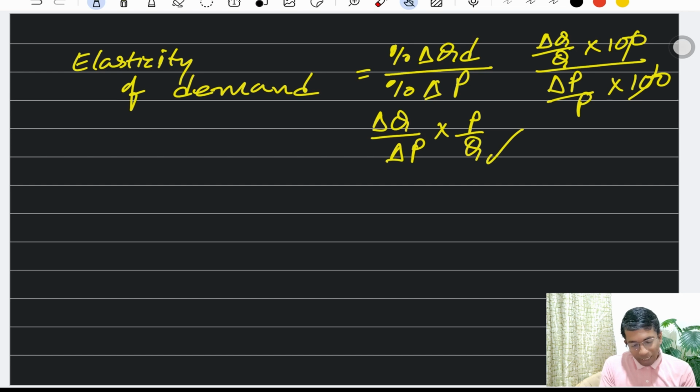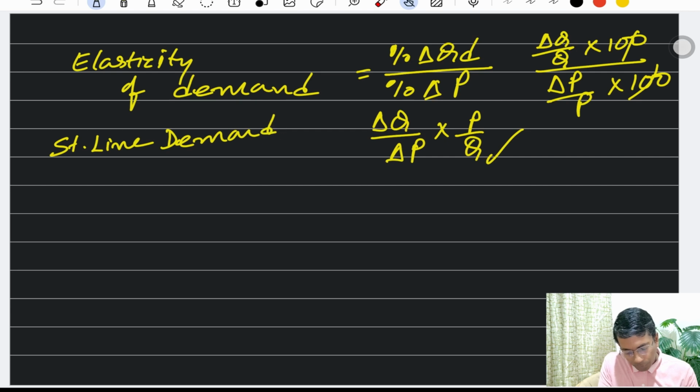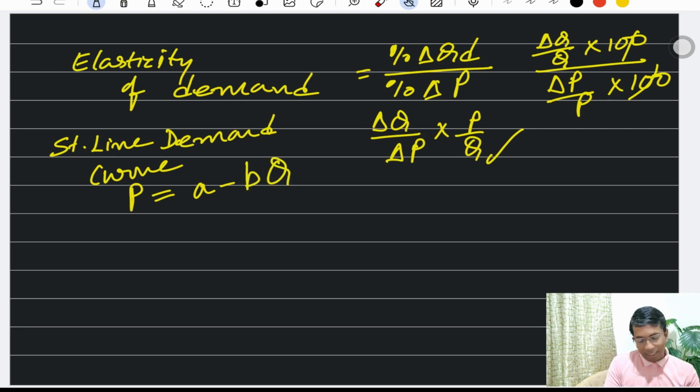But then let's come to the straight line demand curve. If you look at the formula, though it is not in your syllabus maybe, it is what is going to help you understand: P equals A minus BQ.